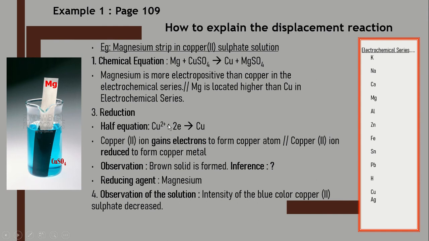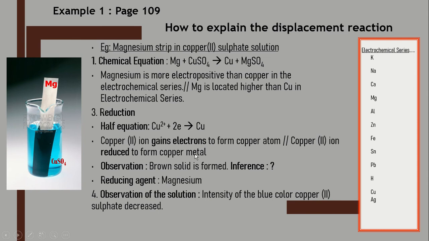Okay, plus 2E. Why plus 2E di sini? Because sekarang reduction is a gain electron. Gain electron sebelah sini lah, lose tadi sebelah sana kan, donate. Ni gain. Okay, so in other words, we can say copper 2 ions gain electron to form copper atom, ataupun copper 2 ion is reduced to form copper metal.